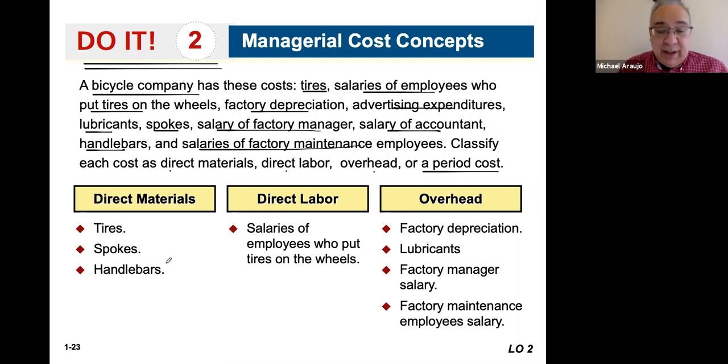Never mind the rest of the bike. And of course, your manufacturing overhead is directly related to the product. So anything regarding the factory, depreciation, the maintenance, the manager, all factory related, and the lubricants are required to help put everything together.